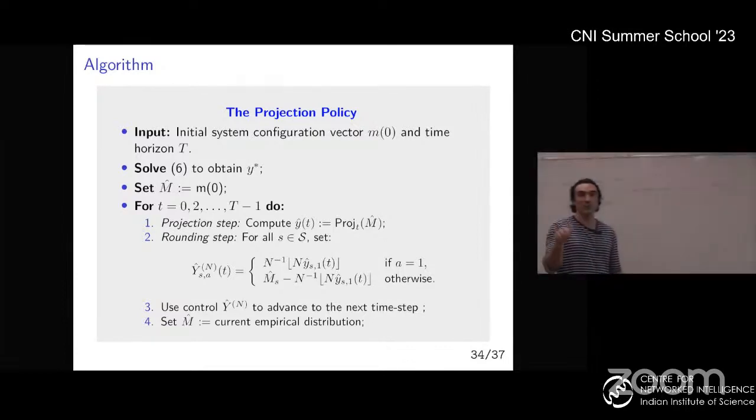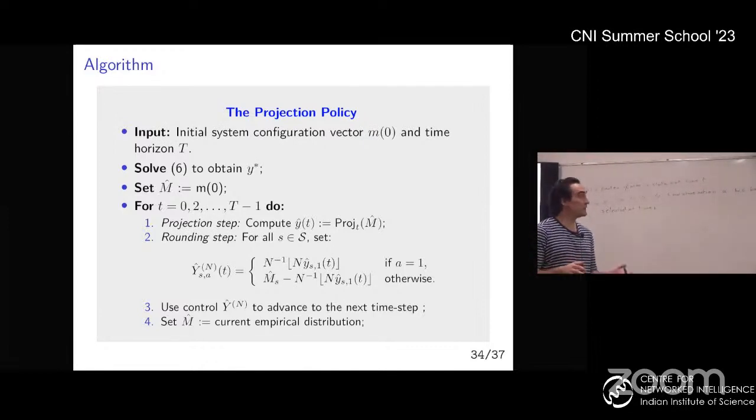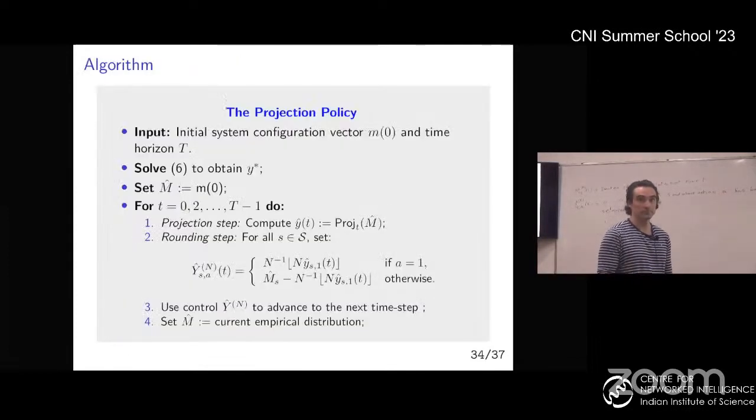So you will just have to do some kind of two for loops: activate N times y-hat with a floor bracket arms in state S, and then the rest put them at 0. So this is your policy. Once you do that, in your code you just use your simulation function to generate the next steps, and so on and so on. So this is like a deterministic policy.